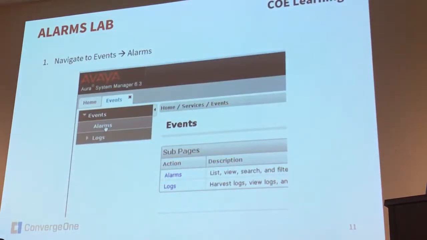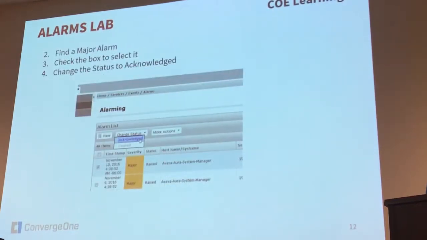And actually, there is an alarm lab for you. Go ahead, it's a simple lab. It starts on page 11. They want you to change one of the alarms that you find there to acknowledged.